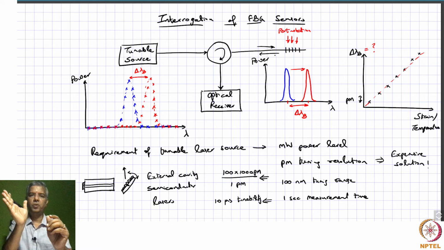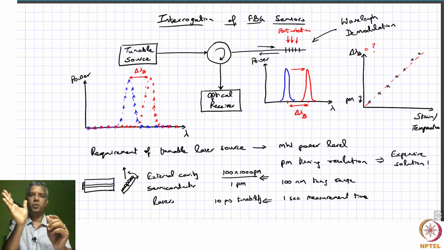We are looking at power, not the wavelength anymore, because the wavelength information from this tunable source is converted to some backscattered power by the grating. So essentially the wavelength demodulation is happening at the grating itself.